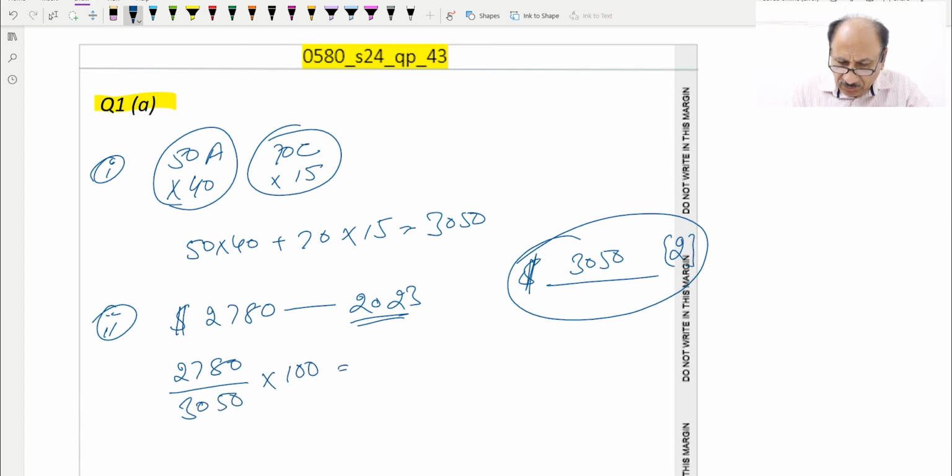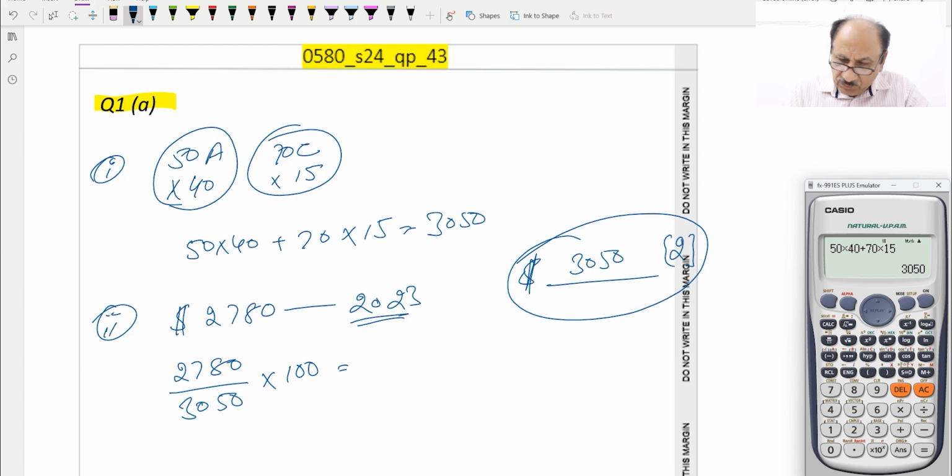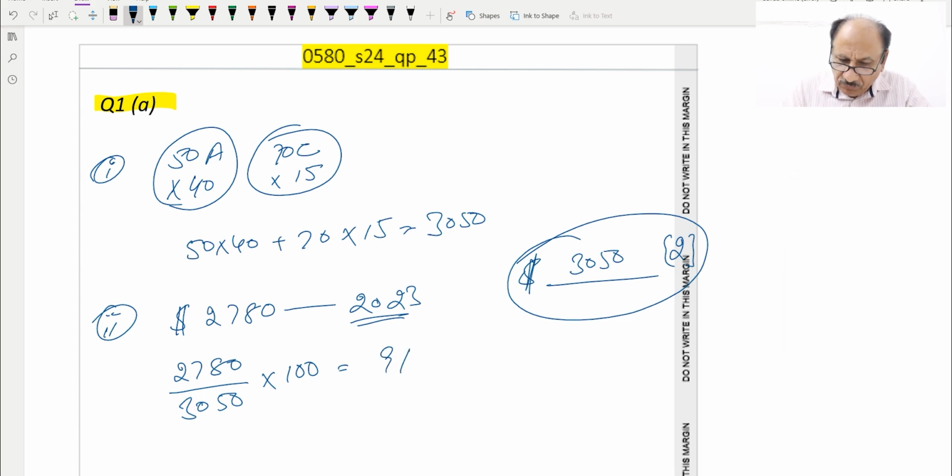This is how we calculate percentage. This is equal to 91.1% to one decimal place or 3 significant figures, and this is the answer we provide over here, 91.1%. This is a 1 mark question.